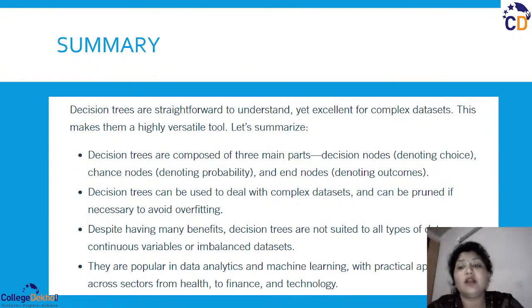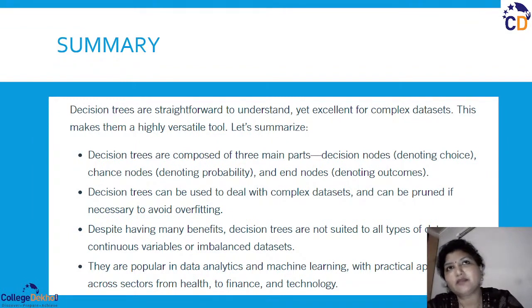So we need to check two things. Sometimes it gives errors with continuous variables, but it is more accurate with categorical data, when you have to make decisions like true or false, or yes or no, right? They are popular in data analytics and machine learning, with practical applications across sectors, from healthcare to finance and technology.